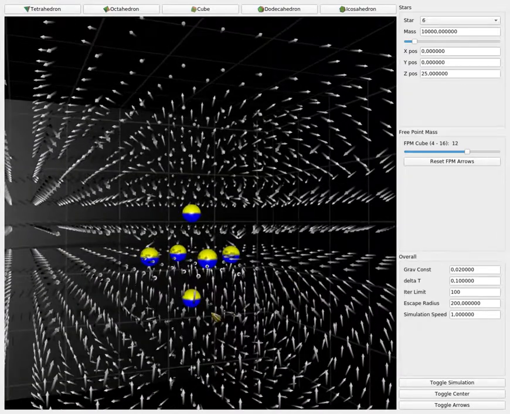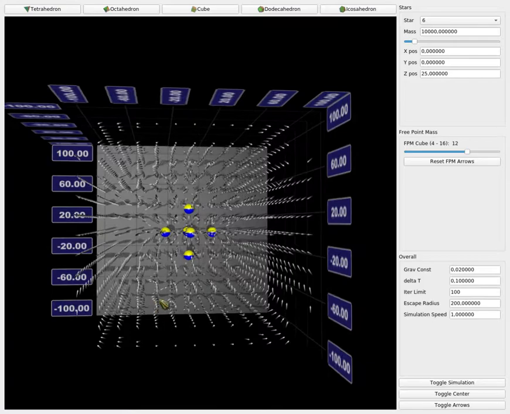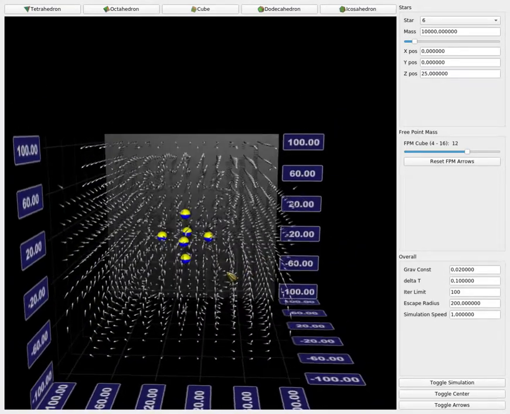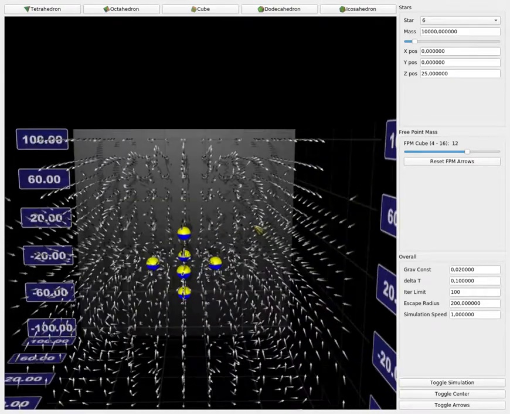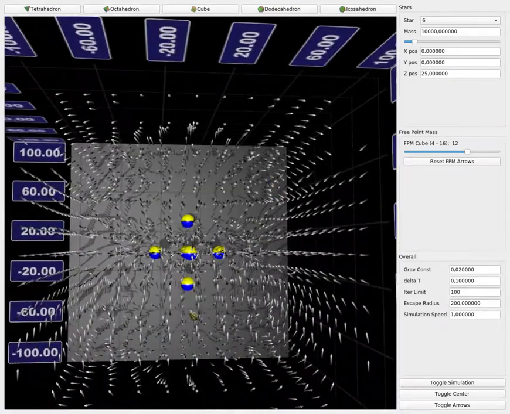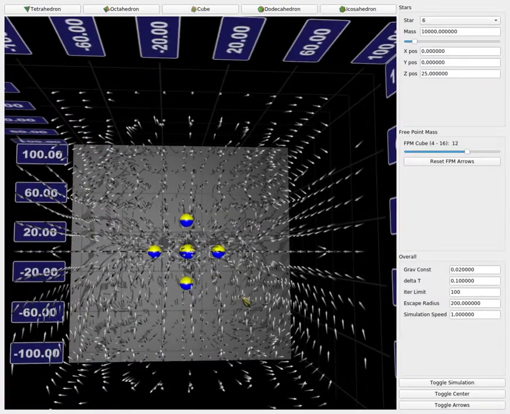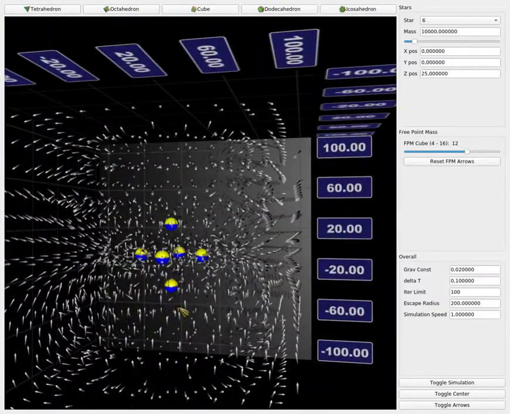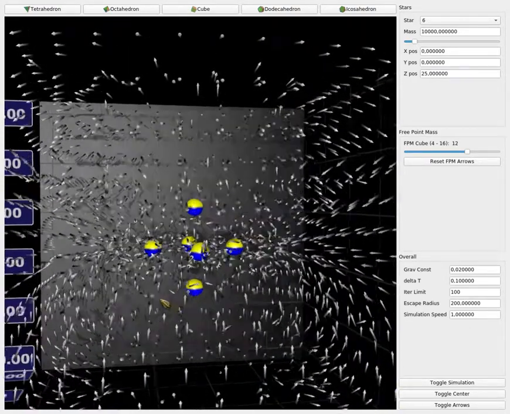Okay. And if we zoom out, we can see the cubal arrangement of the arrows. You can also tell that they're pointing in different directions, tracing out basically the gravitational fields that are affecting them.